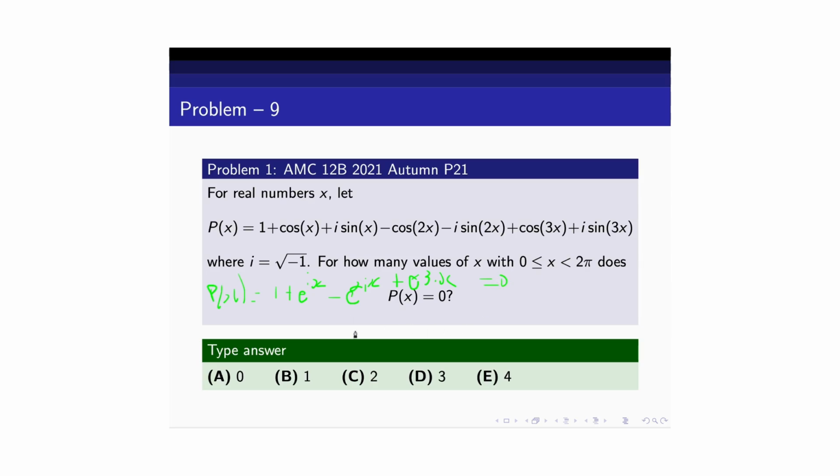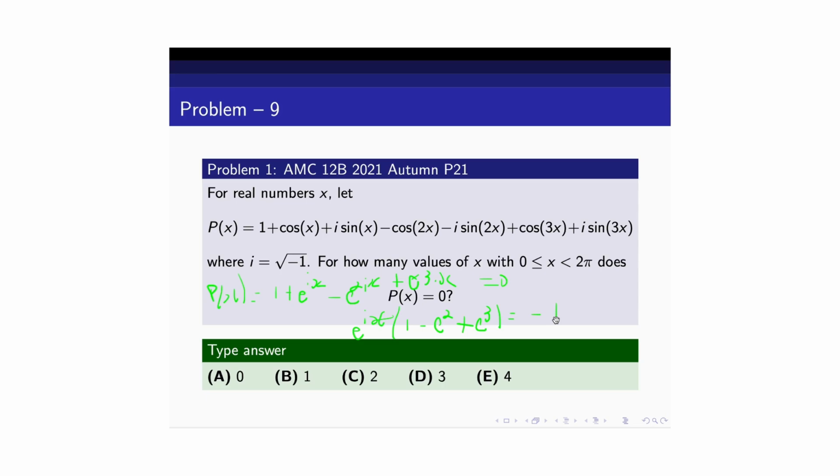Now, e to the ix, for how many values of x does this apply? e to the ix times (1 minus e squared plus e cubed) is equal to minus 1.